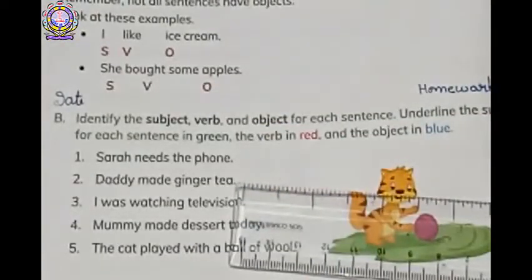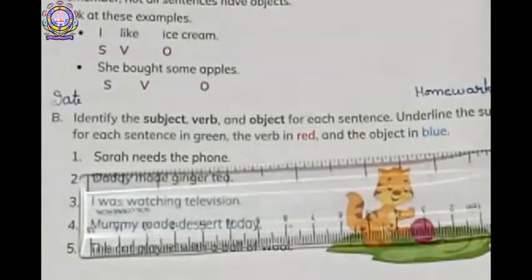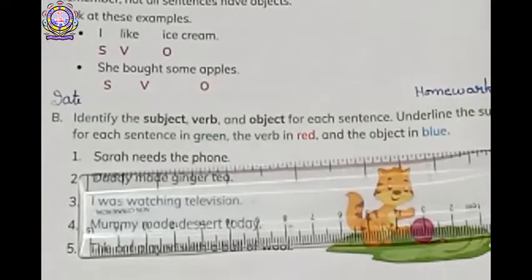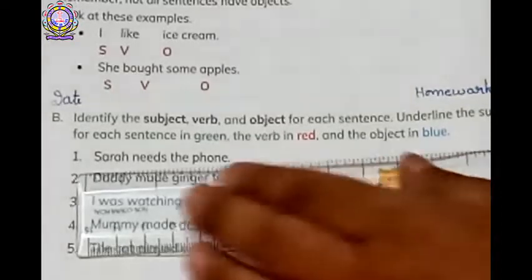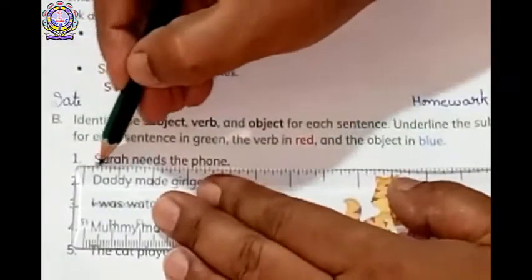Okay, so now we have to underline in these. So first sentence, first we have to underline subject green. So Sara is subject.